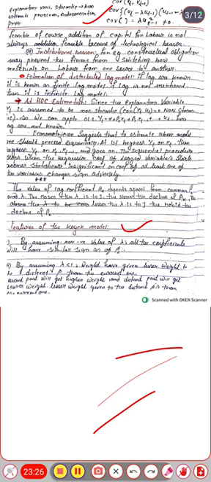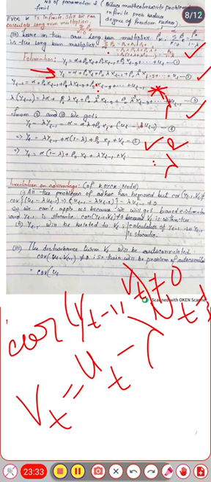The covariance is not equal to 0, so there is a relation between them. It equals minus lambda times ut minus 1 squared, which is not equal to 0, so we cannot apply OLS because we will get a biased estimator, and yt minus 1 is stochastic.